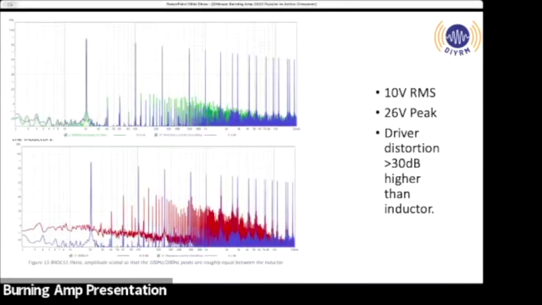I mean, we're talking a motor structure that has distortion reduction mechanisms similar to the ScanSpeak SD1 motor and the really, really nice JBL motors back in the day, right? The intermodulation products from the driver are 30 dB higher than the inductor.